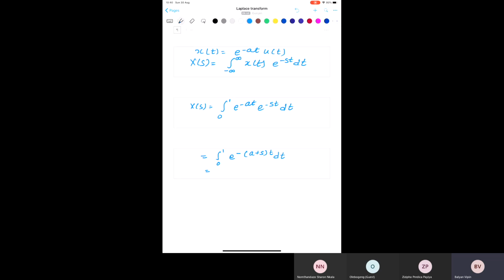When you take the integration of it, there is a minus sign here, and the limits are 0 to infinity. Taking minus (s plus a) common, I put these two limits: upper limit first, and then minus the lower limit. So it will be e raised to the power 0.